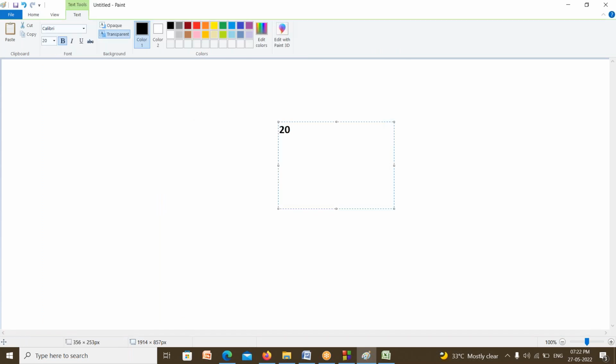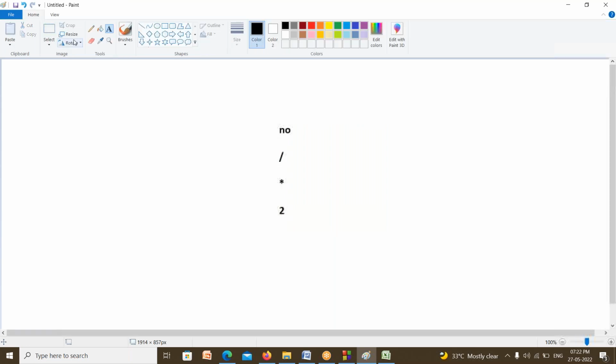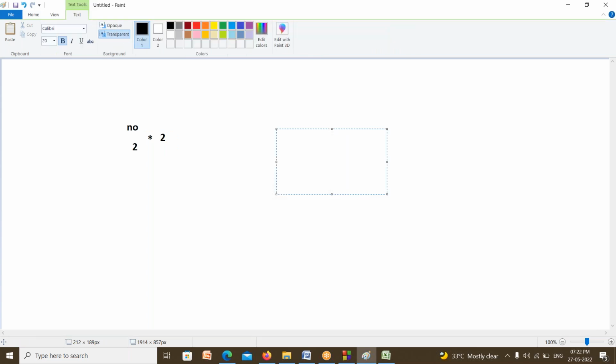Number, divide operator, into operator, 2, is number. Now see this: number by 2 into 2 equal to number.